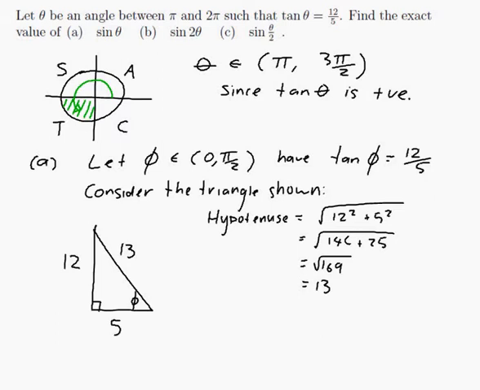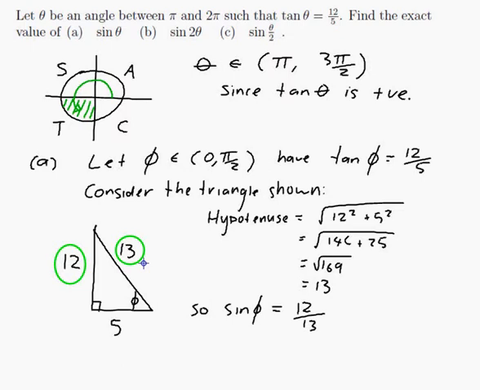And so from this triangle I can tell that sine phi is equal to opposite over hypotenuse, which would be 12 on 13.